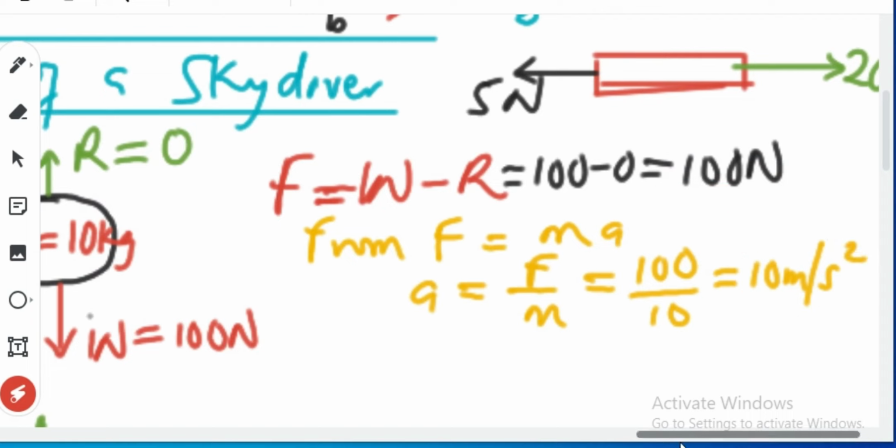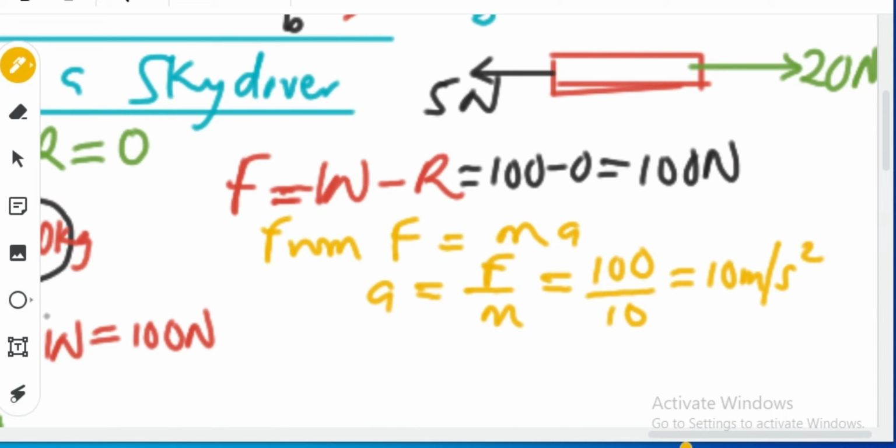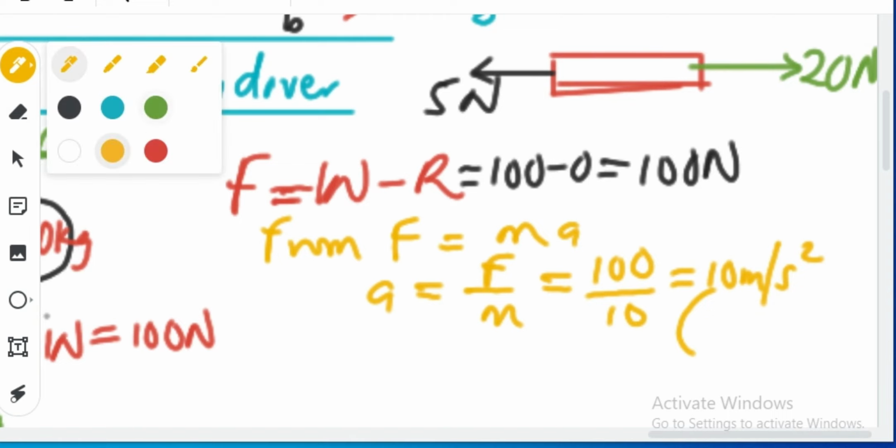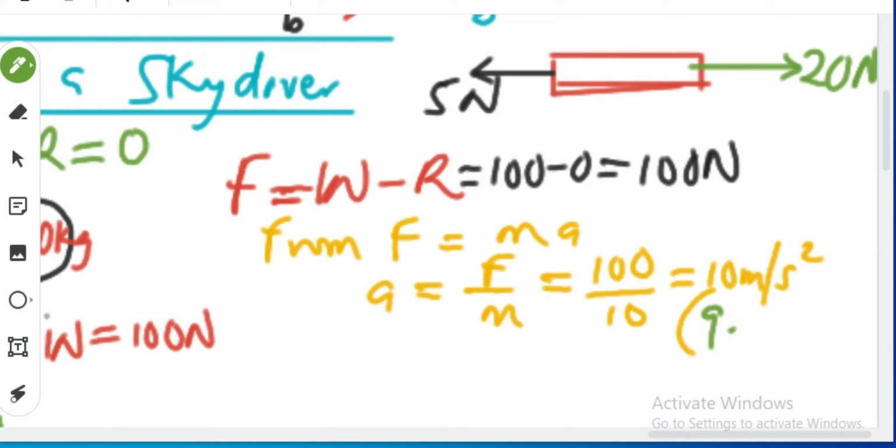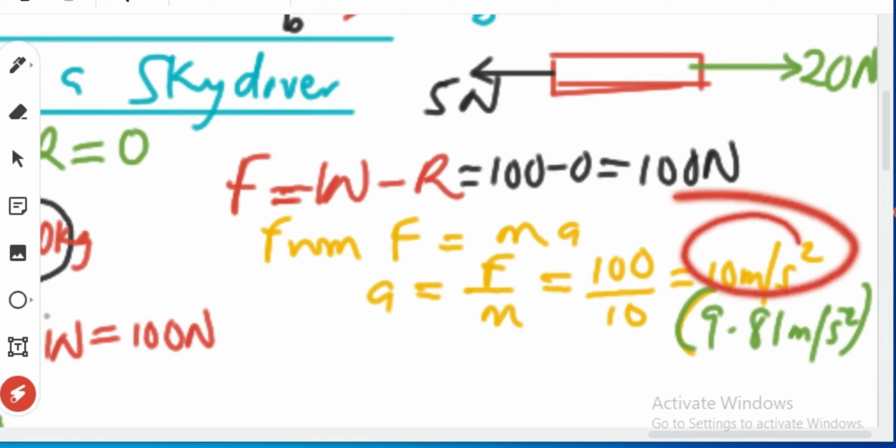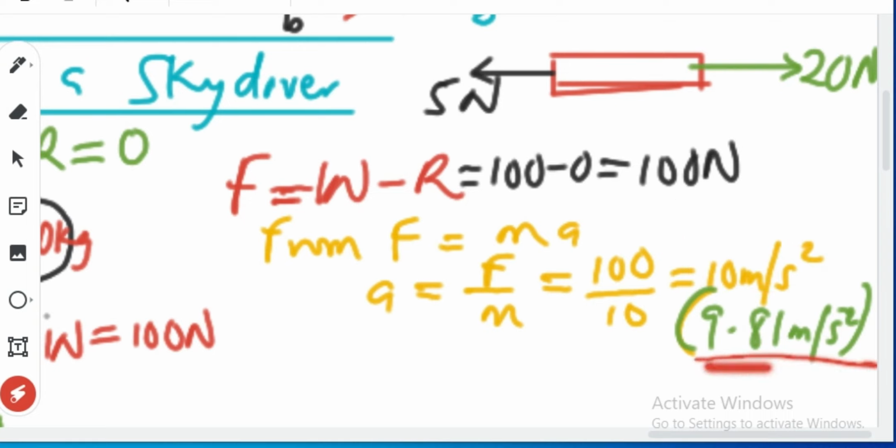The actual value is about 9.81 meter per second squared. That is the actual value, approximately 10. But you can use 10 when you're asked to use 10. But if you're not asked to use 10, use this actual value.